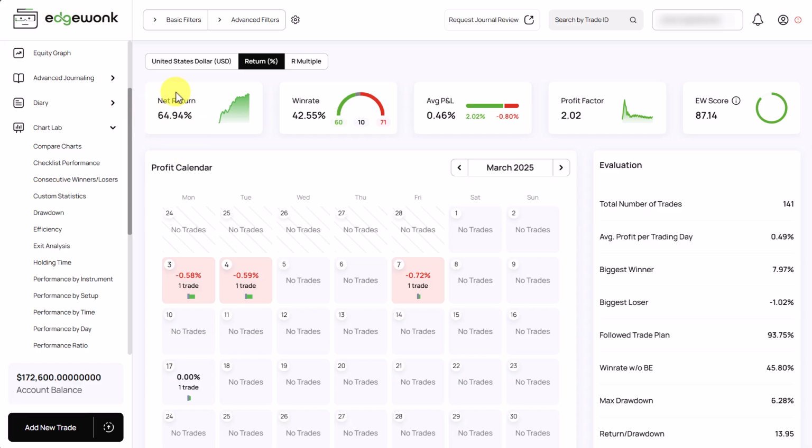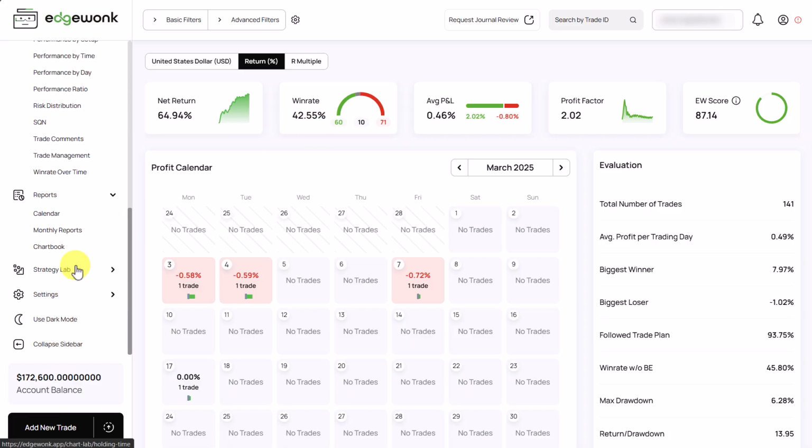The next thing we can do when we look at the profitability is take a look at how many trades this took to realize such a performance and what the span of the trading data is. So we have 141 trades.